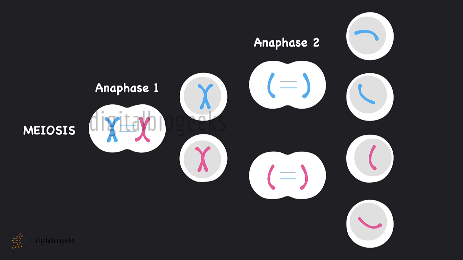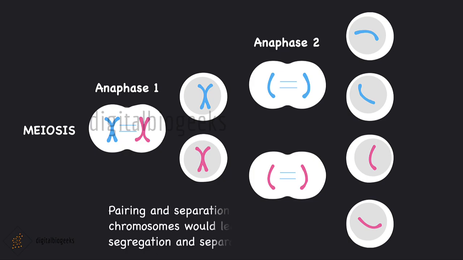At the end of telophase 2, there are 4 haploid daughter cells formed. Sutton and Boveri argued that the pairing and separation of a pair of chromosomes would lead to the segregation and separation of the factors. They explained the Mendelian principles based on their findings and called it the Chromosomal Theory of Inheritance.